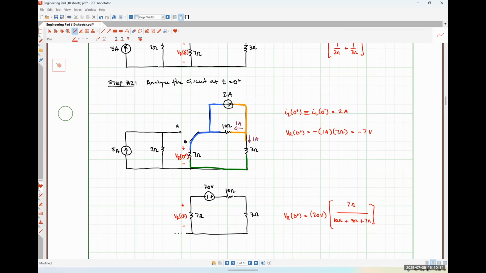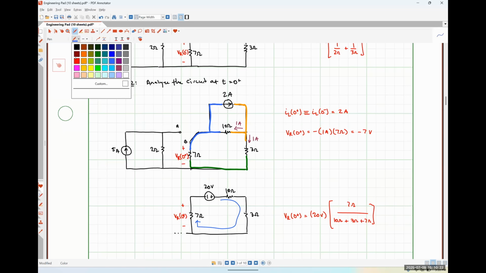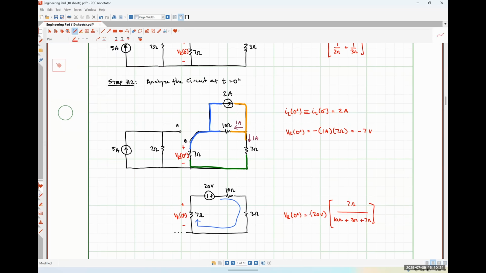And the current that's flowing around this loop is flowing into the negative polarity terminal. So we should put a negative sign in front. And so that gives us negative 20 times 7 over 20, which is once again negative 7 volts.